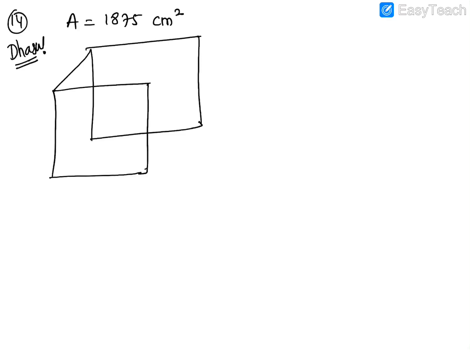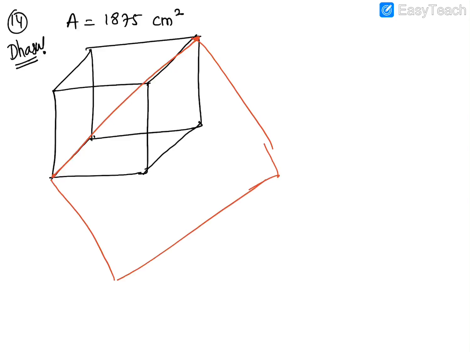If I join this end of the cuboid to the other end, this is a diagonal of a cube, and on this diagonal they have made a square. So they're saying the square on the diagonal of a cube has an area. So area of this is what? 1875. Calculate the side of the cube.